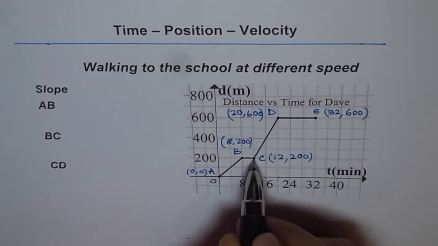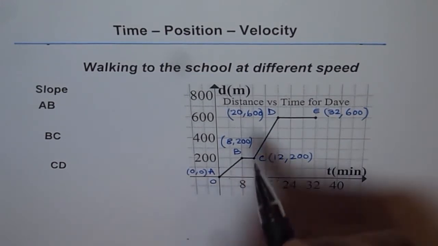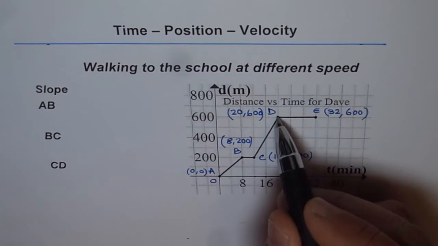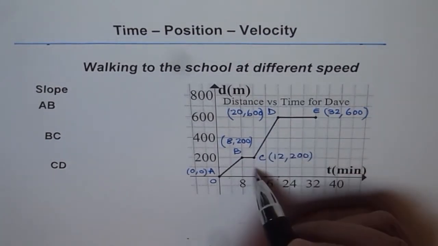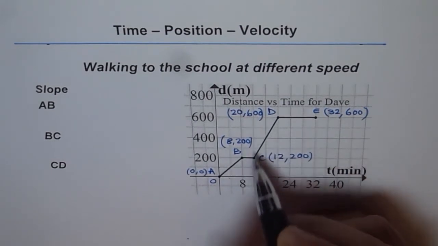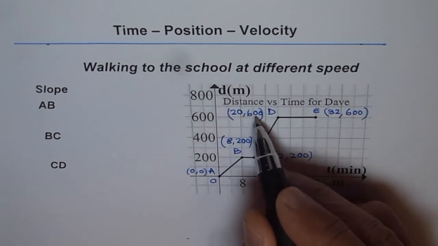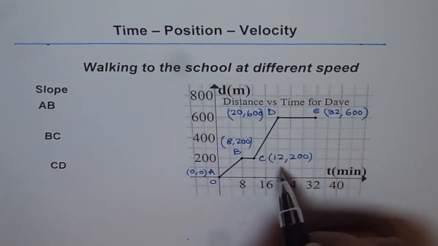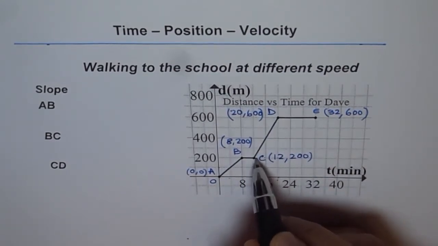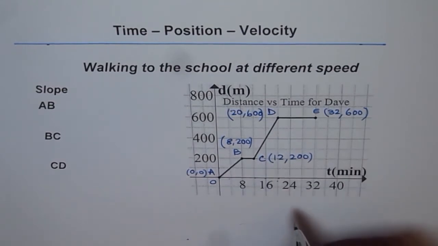And now realizing that he is getting late, he moves faster towards the school, and along the path CD he covers a distance from 200 to 600, that is a distance of 400 meters in a span of 8 minutes, right?